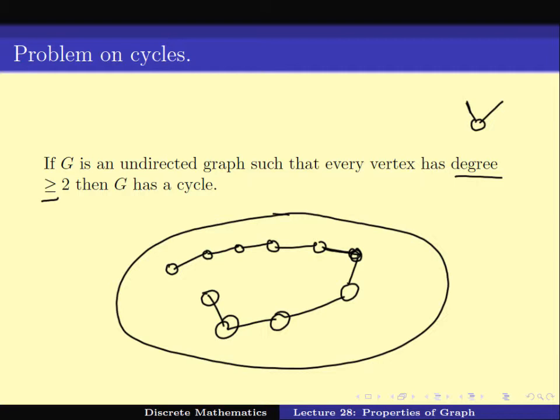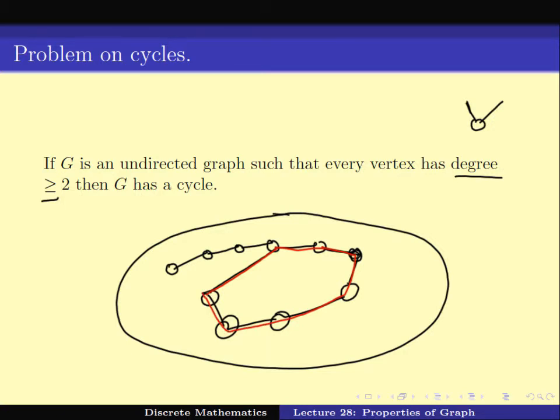Because the graph is finite. So at some point of time, I must end up coming back to one of the vertices I have already visited. And once I have that, I get a cycle. This is a cycle.